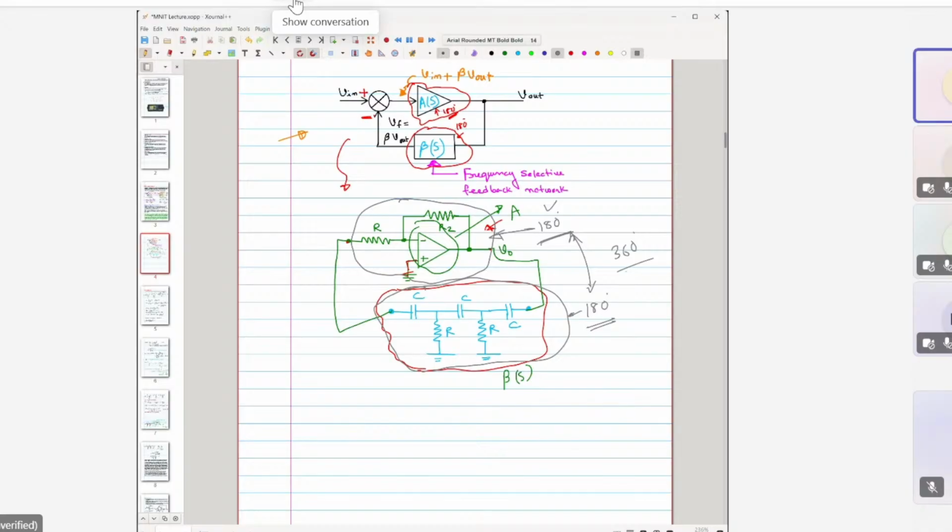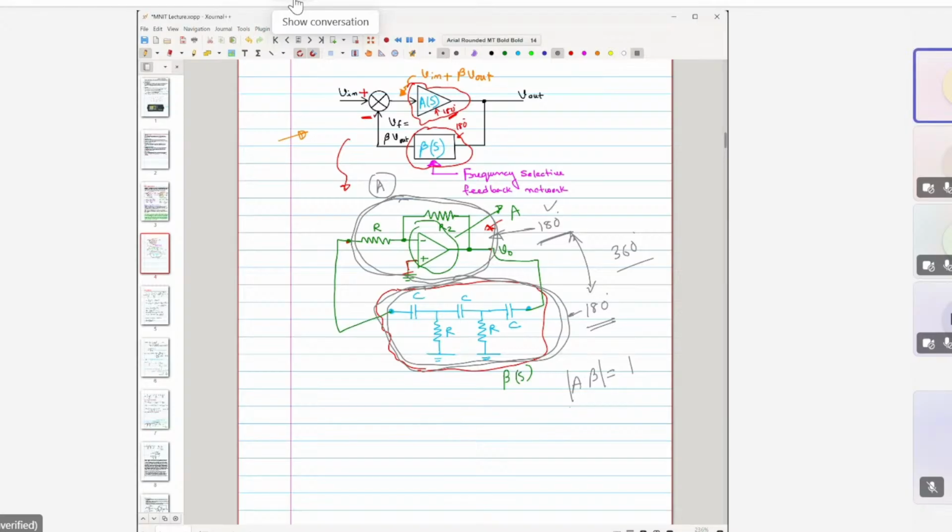Then to satisfy the other criterion, we have to ensure that if the gain produced by this is A and the gain or the attenuation produced by this, that is beta, then A times beta has to be equal to 1.